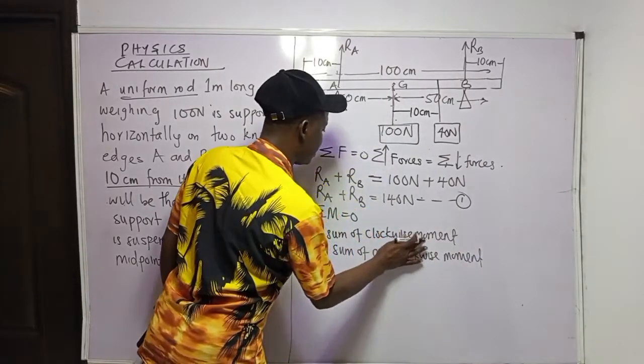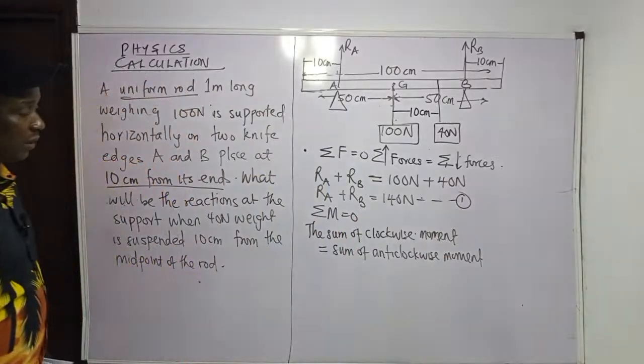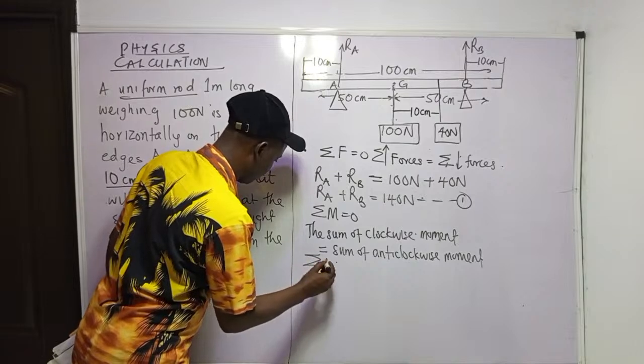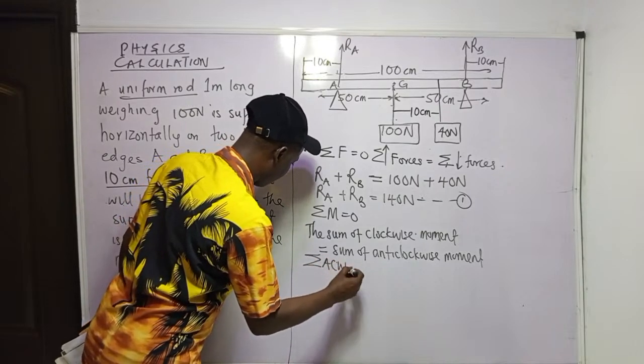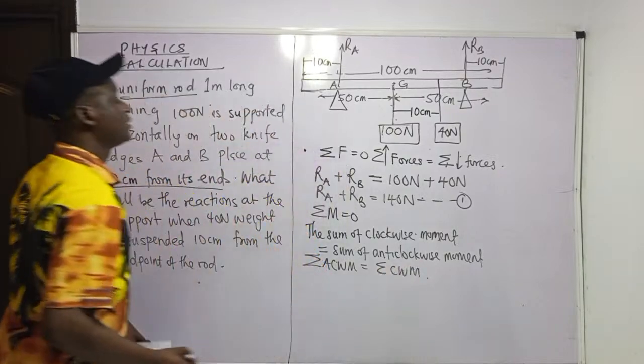So now, since we have this as our formula, that means the sum of anti-clockwise moments equals the sum of clockwise moments.